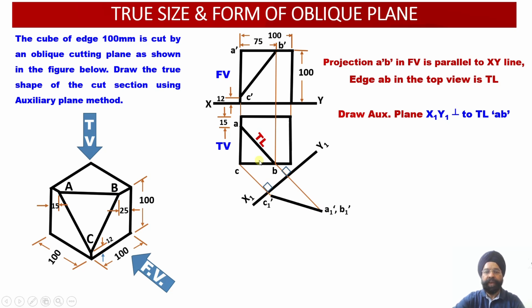As usual, whenever I go perpendicular to any true length which has been obtained, onto that particular auxiliary plane the projection of the lamina will be an edge view. And this is the edge view of the cut section ABC.